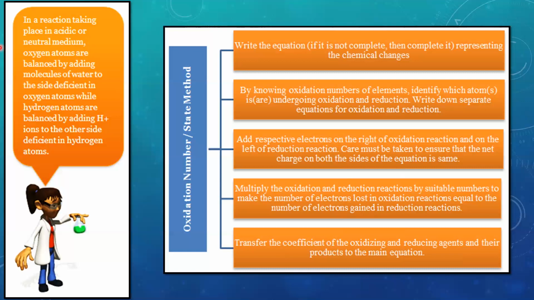For example, if the reaction is taking place in acidic or neutral medium, then oxygen atoms are balanced by adding molecules of water to the side deficient in oxygen atoms, while hydrogen atoms are balanced by adding H+ ions to the other side deficient in hydrogen atoms. So this you need to keep in mind.